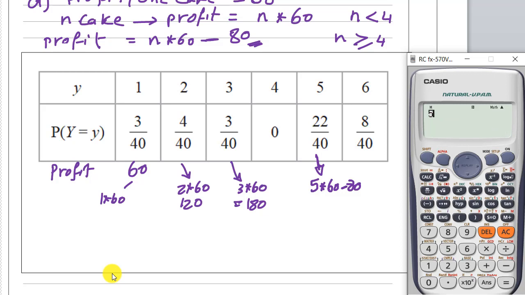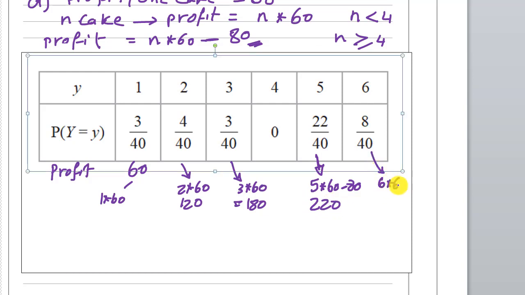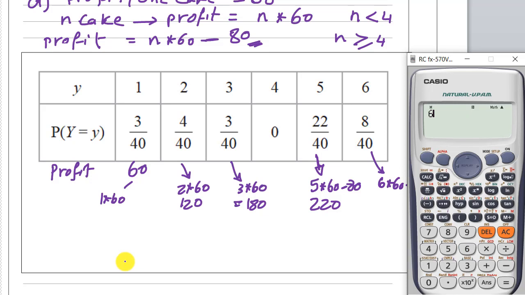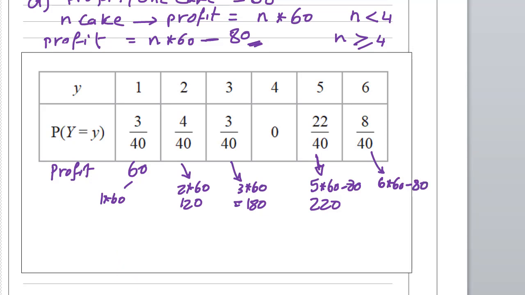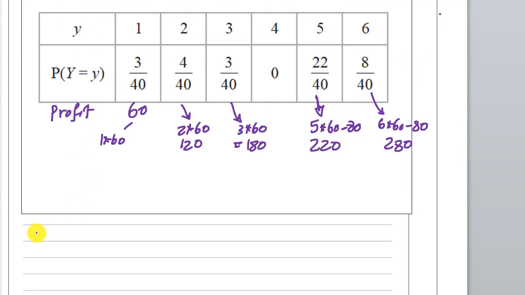So 5 multiplied by 60 minus 80, now 220. Here 6 multiplied by 60 minus 80, 280. So here 280.